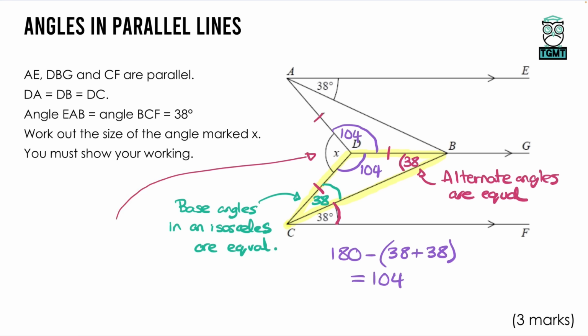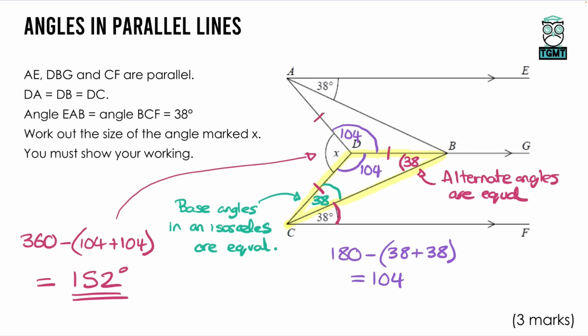So to find our final angle here, we would do 360, subtract the two 104s, so 104 plus 104. We can type that in, 360, take away 104 plus 104, and that gives us 152 degrees as our final answer. And there we go. If you wanted to write a reason along with that, it's because angles around a point add up to 360 degrees.